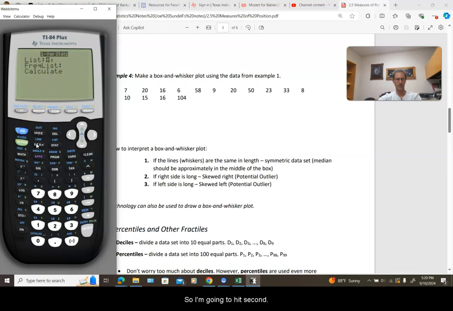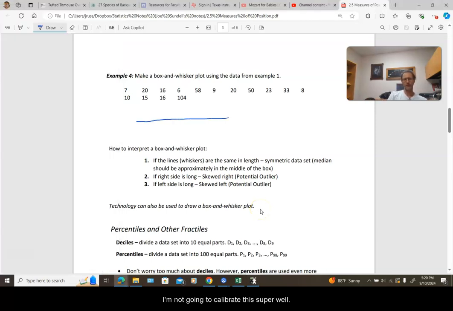I'm going to hit second, then number 3, because above that is listed list 3. And I'm going to go to calculate and scroll down. Yeah, this looks right. The minimum is 6 and the maximum is 104. So this is our 5-number summary right here. All right, so I'm just going to draw. I'm not going to calibrate this super well.